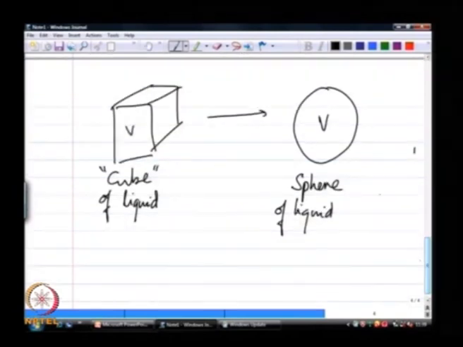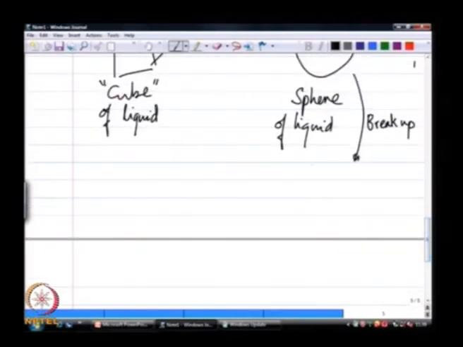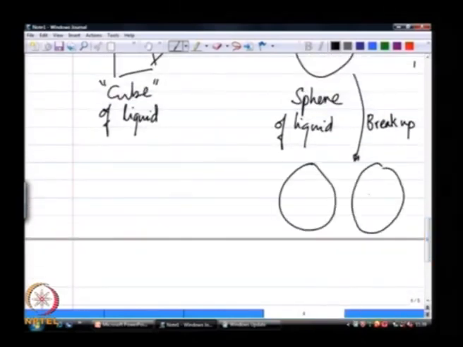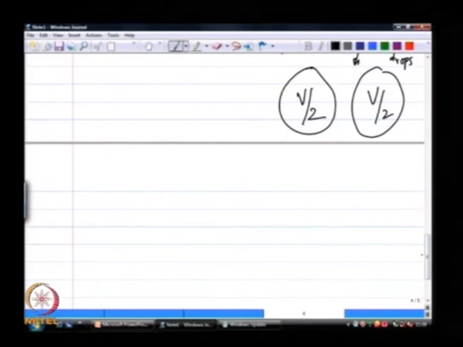Now, if I want to break this up into two drops, so let us just take a simple breakup process. I want to break this up somehow into two drops, each of volume V over 2. This is the simplest atomization problem. What is the energy required? Let us just look at that. Now, let us look at the before and after.